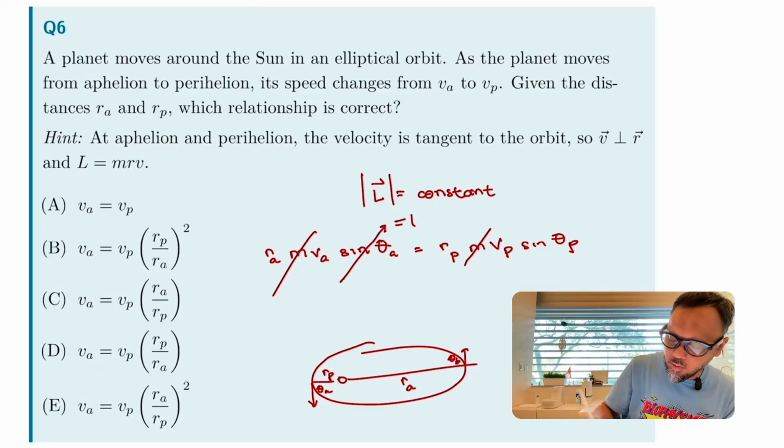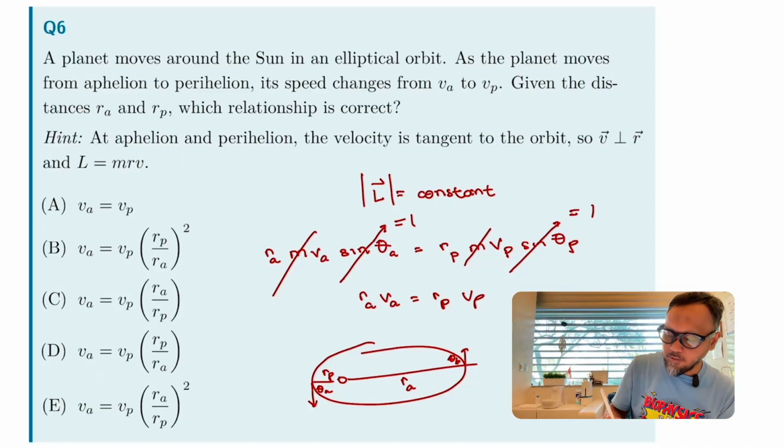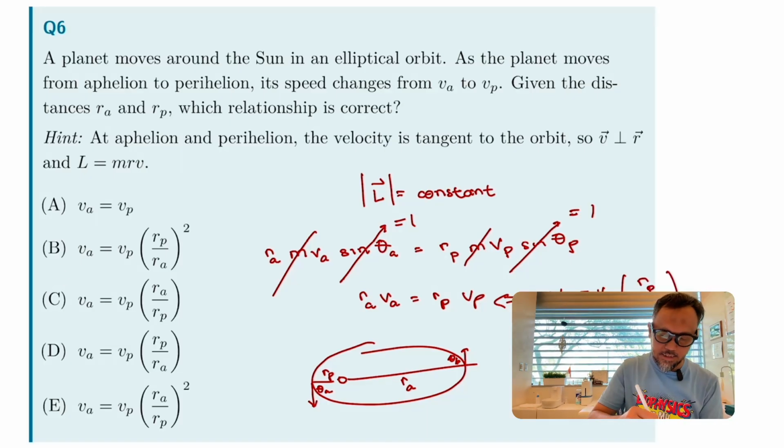So sine theta is equal to 1 for both. So RA times VA is equal to RP times VP. This question asks for VA, so VA is equal to VP times RP divided by RA. So the answer is D.